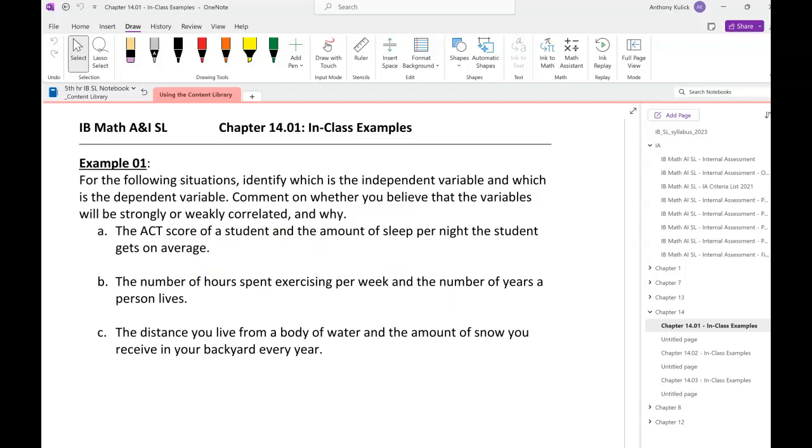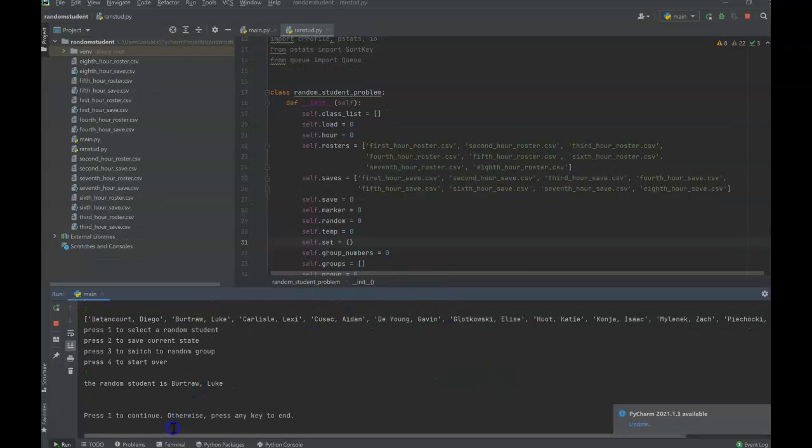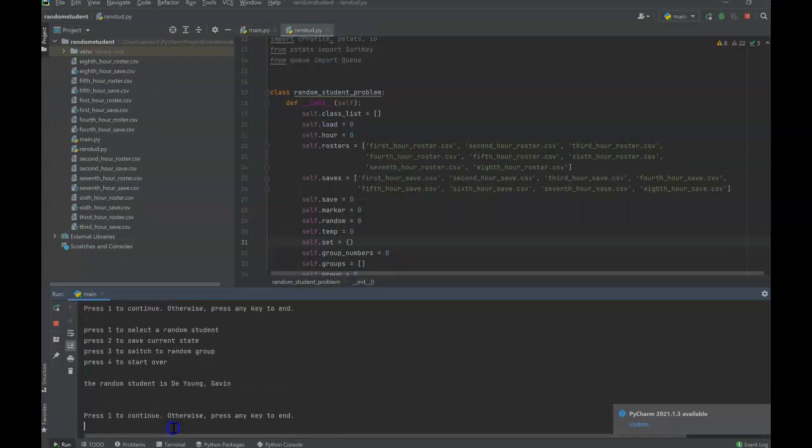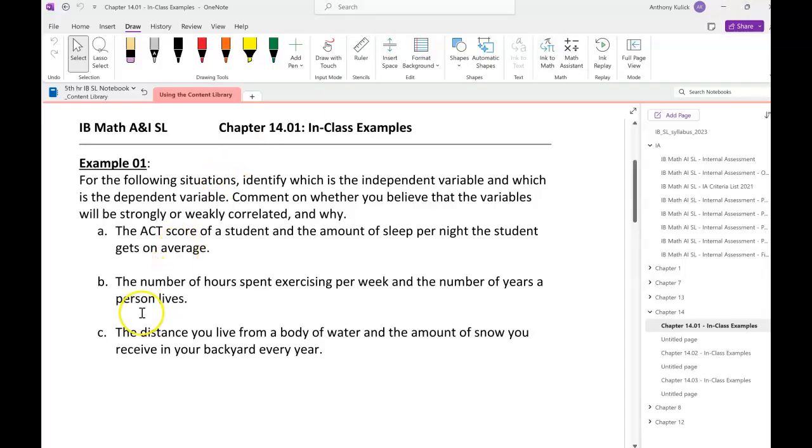All right. Let's see. Who's next? Let's do that again. Random student. Here we go. Gavin. The number of hours spent exercising per week and the number of years a person lives.